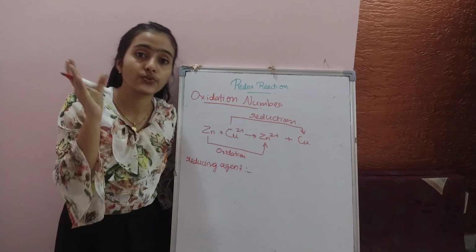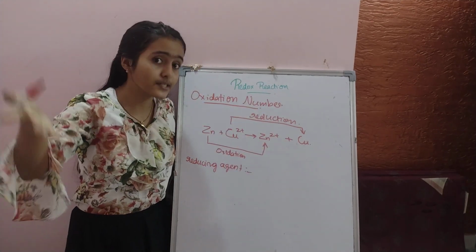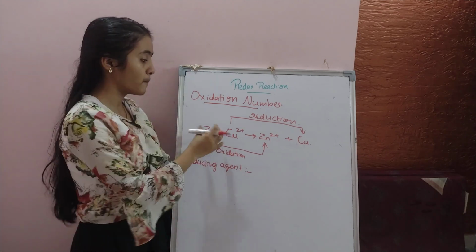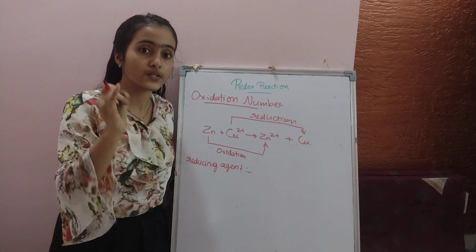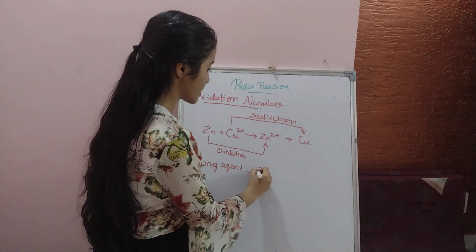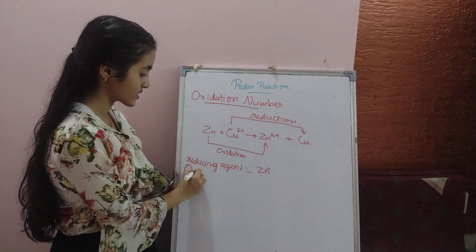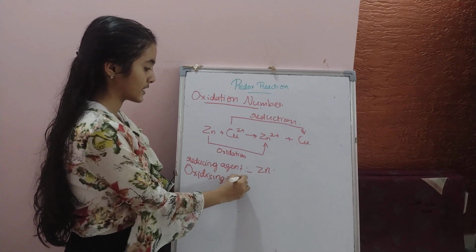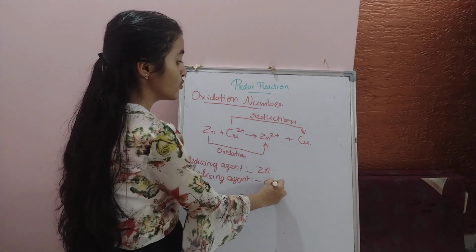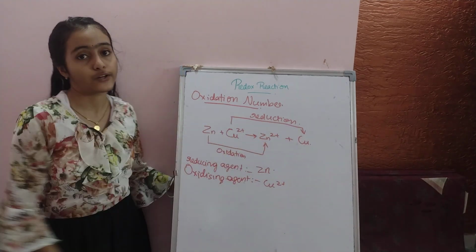So Zn is the reducing agent. The reducing agent promotes reduction, but Zn itself is undergoing oxidation. So the reducing agent is one that undergoes oxidation. So our reducing agent is Zn and our oxidizing agent is Cu2+. We have to write the sign also, Cu2+.